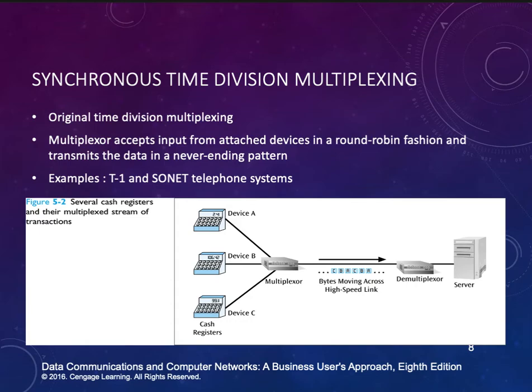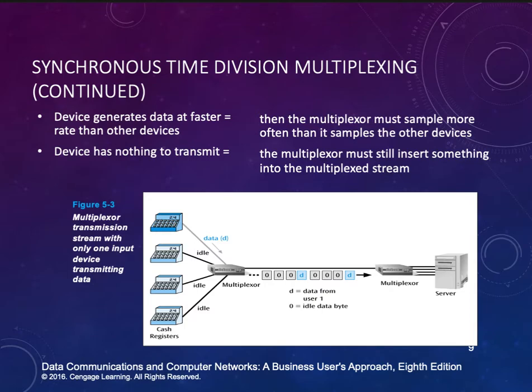We can find this example in telephone systems, where they use T1 and SONET. In order for the device to generate data faster, it has to be sampled quickly.